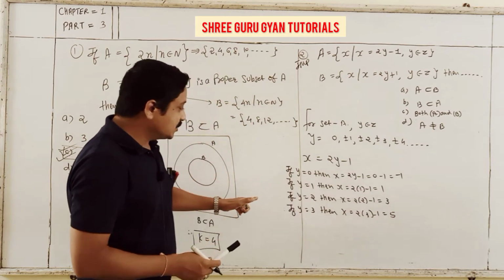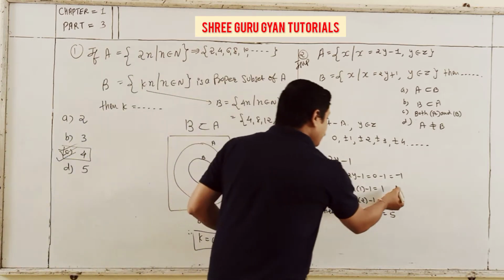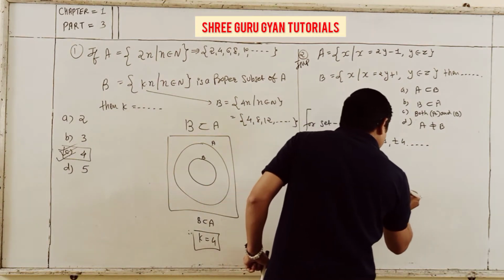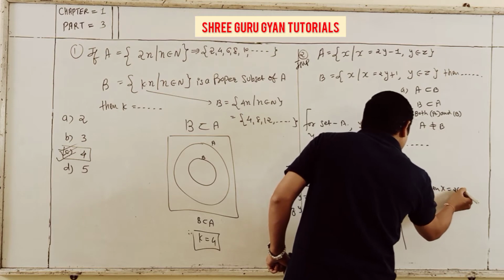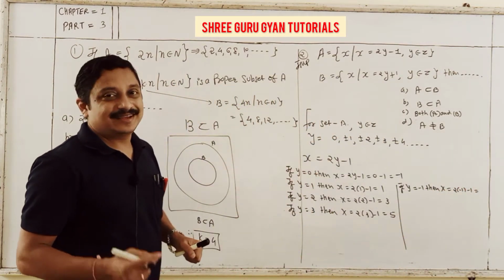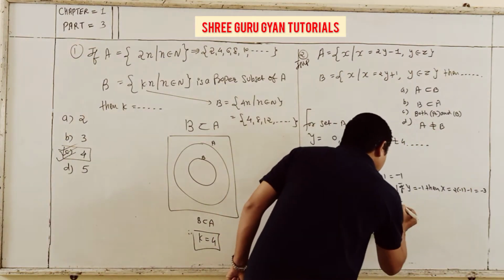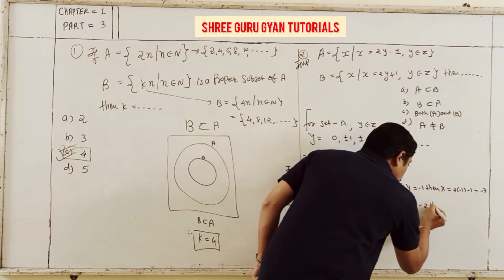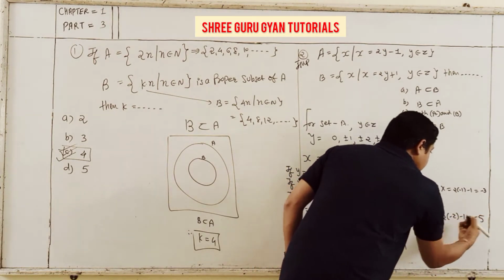You also take, students, some negative numbers. So I put negative numbers here. If y is minus 1, then x is 2 times minus 1, minus 1, which is minus 2 minus 1, minus 3. Same if you take y equal to minus 2, then x becomes 2 times minus 2 minus 1, minus 5.